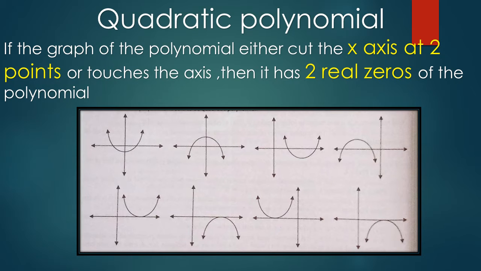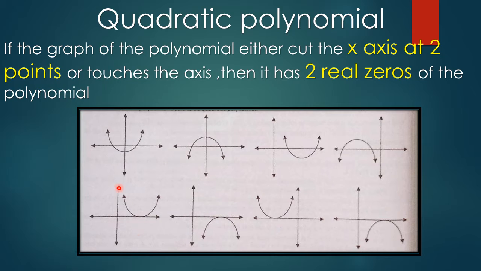In a quadratic polynomial you have to check how many times it is touching the x-axis. Now when you observe here, you can see in the first example it touches at 2 points. Here also it touches at 2 points. In all these four examples, you can see it is touching the x-axis either on the negative side or at the positive side of the x-axis.